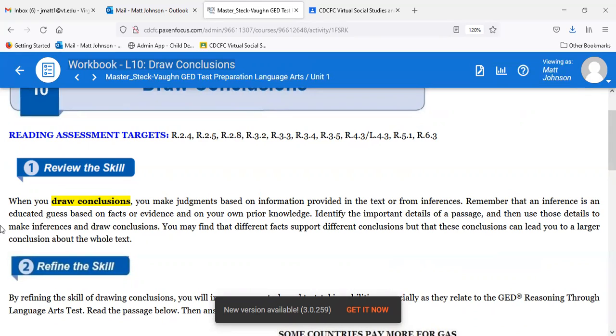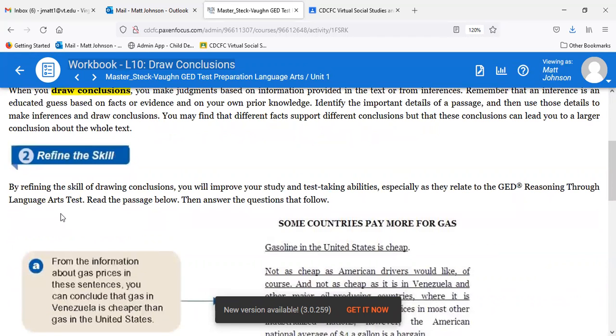Identify the important details of the passage and then use those details to make inferences and draw conclusions. So you got to kind of eliminate the noise, go to the important pieces, right? Just like the last one, it was about girls doing better in single sex education. So then you may find that different facts support different conclusions, but these conclusions can lead you to a larger conclusion about the whole. All right.